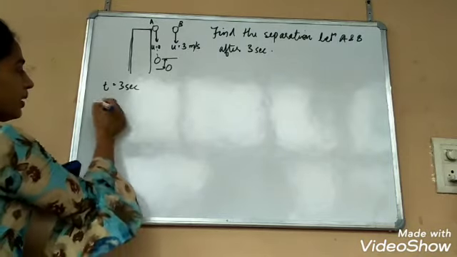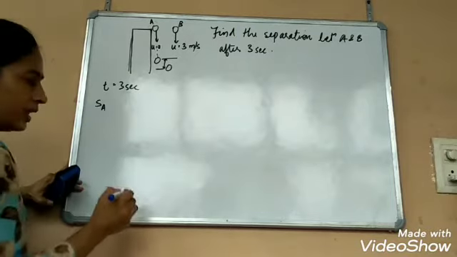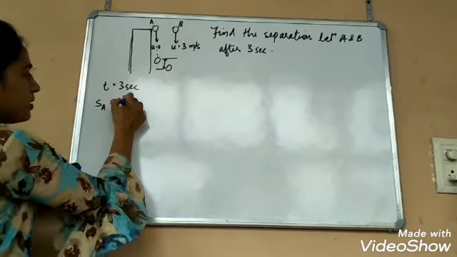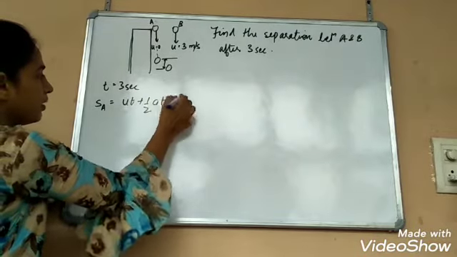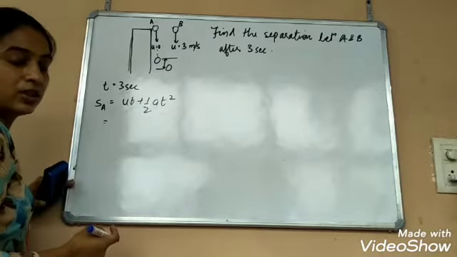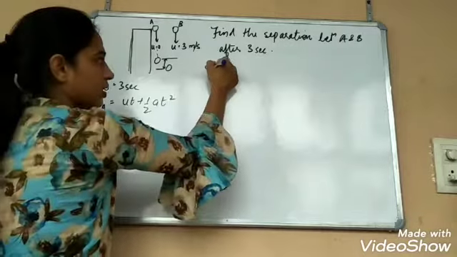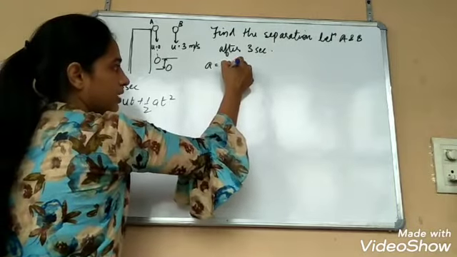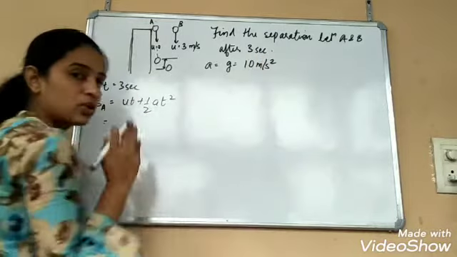For the conventional method, you can find the distance covered by A in 3 seconds, S equals ut plus half at square. Now, what will be the acceleration in this case, children? This is motion under gravity, so acceleration will be equal to acceleration due to gravity, we'll take it as 10 meter per second square, that is constant.